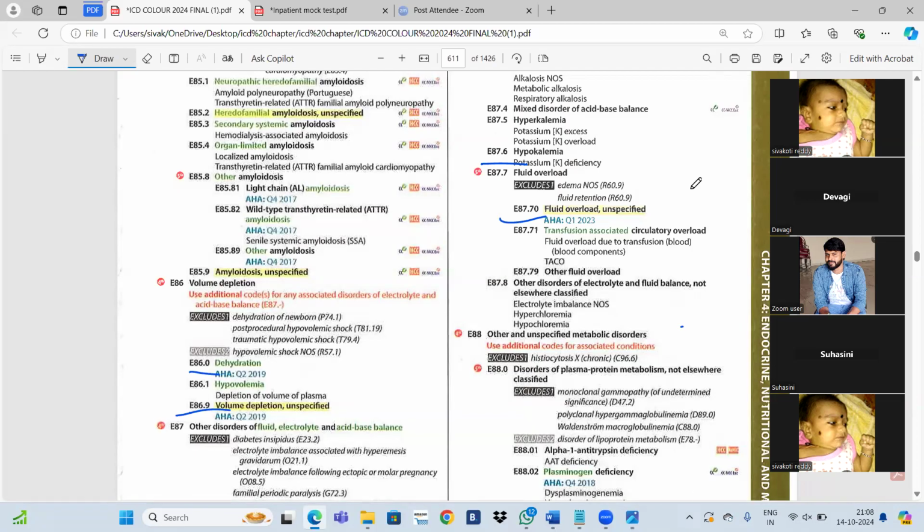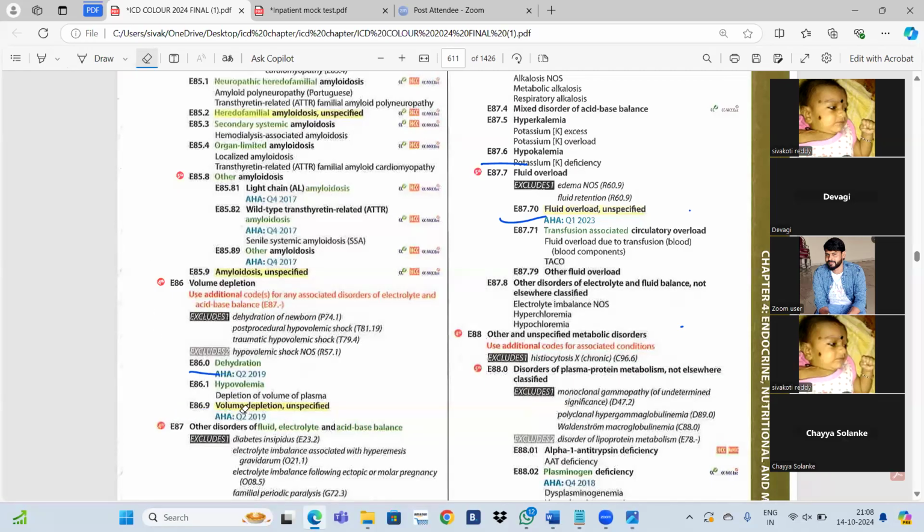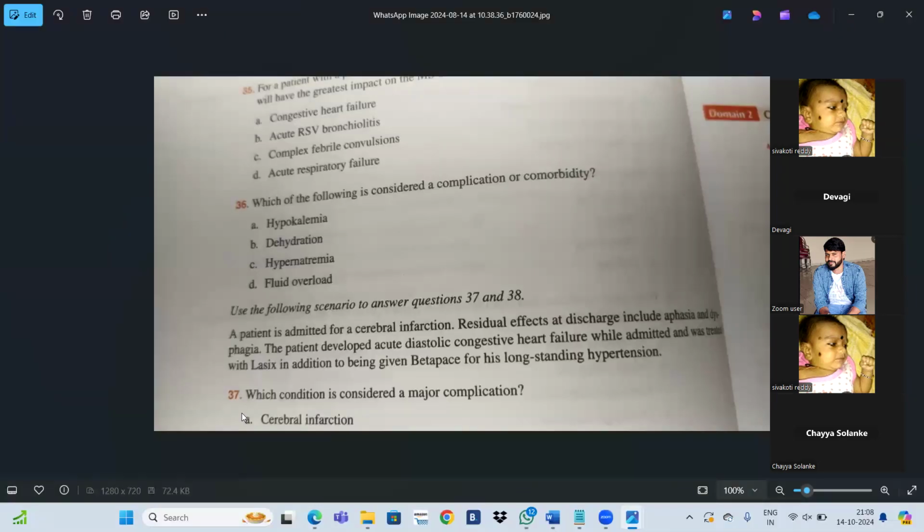This also has no CC or MCC. So which one is the CC here? Hypernatremia. Like this, we need to identify.